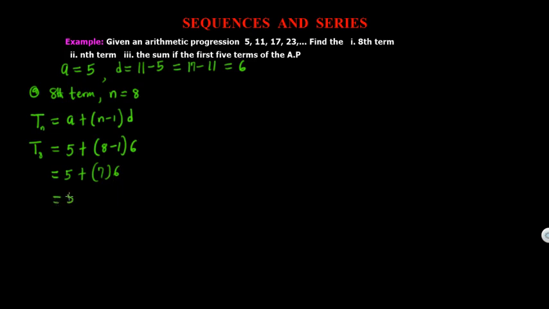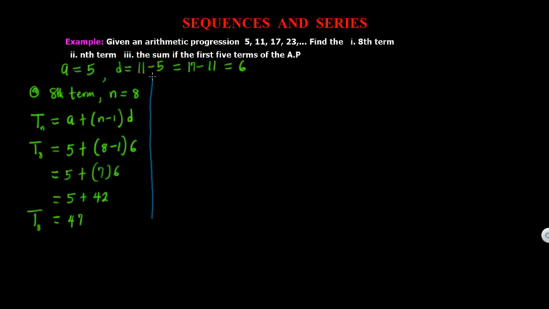I believe you can try this on your own. What will this give you? 7 multiplied by 6 is 42. Fantastic. When we add this together, that will be 47. And I bet with you, if you continue this sequence to the 8th term, your answer should give you 47. That is the 8th term of this sequence.